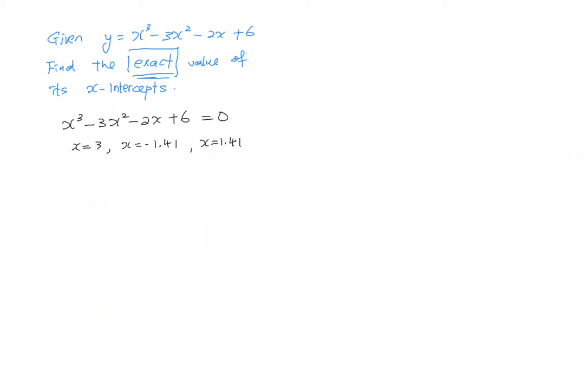Okay, now, my question is, when I say exact value, if I put x as 1.41 into this equation, will I get 0? Can you please try to count? Can you take out your calculator and count? Will this give you 0?